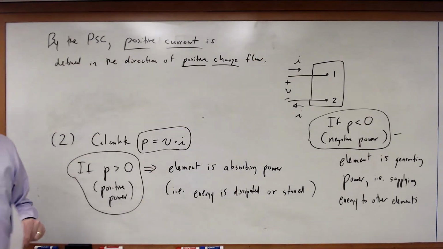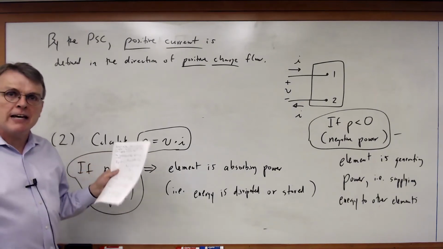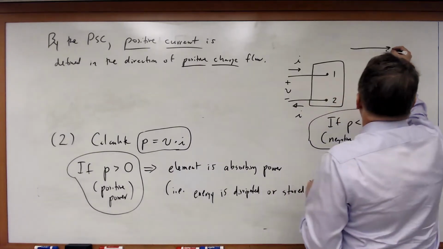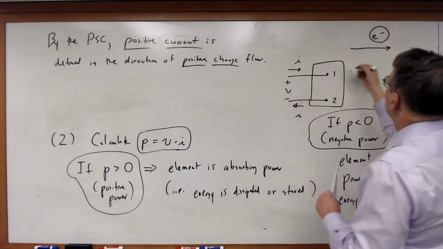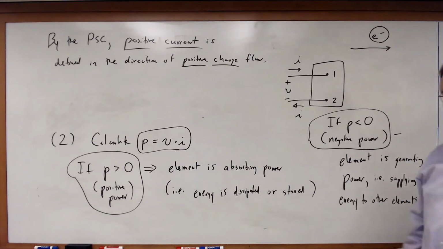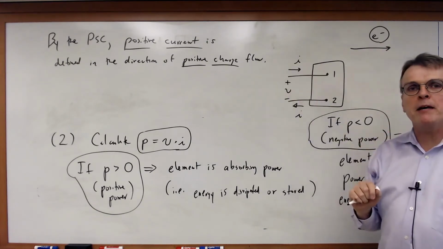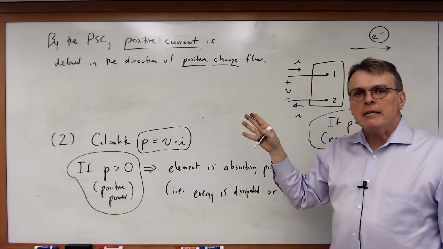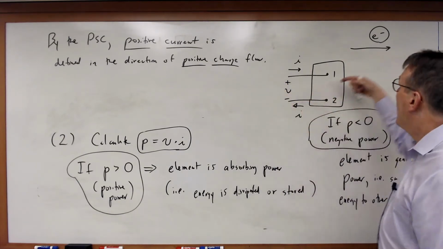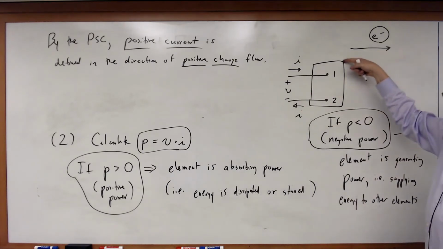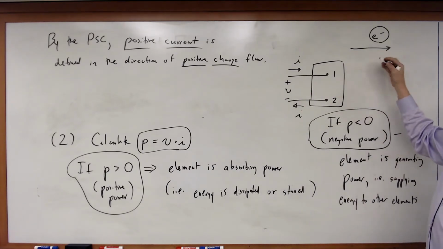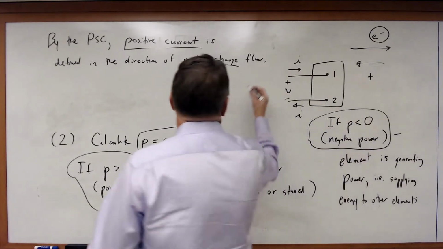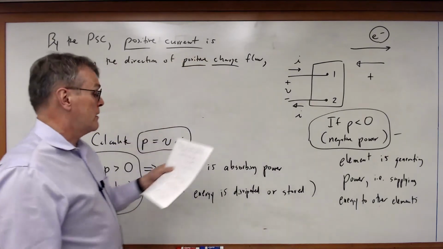So when you think about it, you've probably always thought about electricity as the flow of electrons. Well, okay. What's an electron? An electron is negative charge, so an electron moves through a conductor. What we're saying is for the passive sign convention, we're going to say that positive current is opposite. It's the opposite of negative charge, in the opposite direction. So that's positive current. In other words, it's opposite of the flow of electrons.